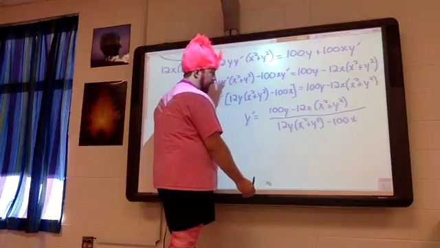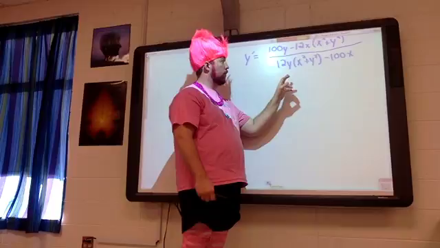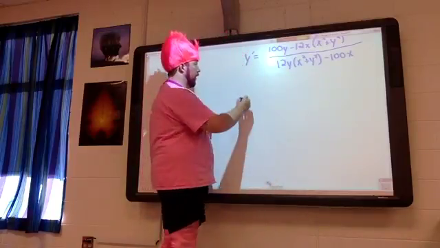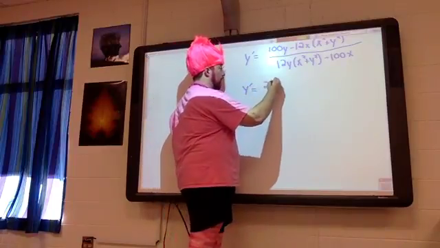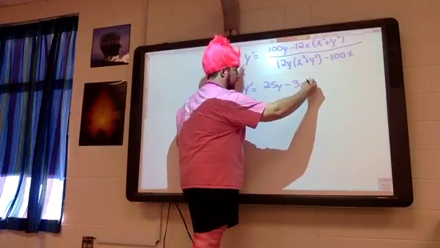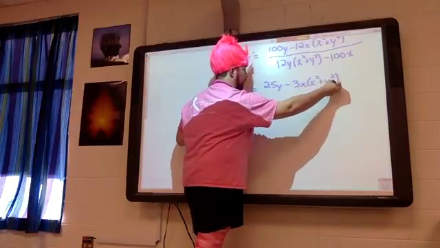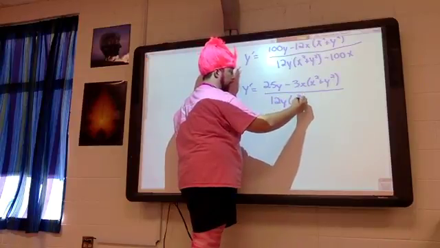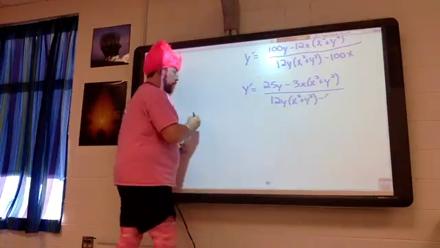Now we could clean this up a little bit, realizing that, hey, 100, 12, 12, and 100 all are divisible by 4. I could divide a 4 out of everything and get y prime is equal to 25y minus 3x times x squared plus y squared, all over 12y times x squared plus y squared minus, oh, I didn't do it there.